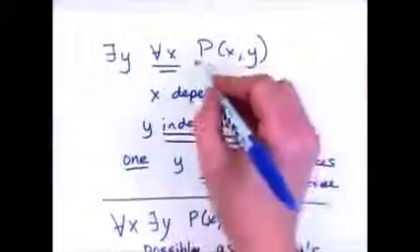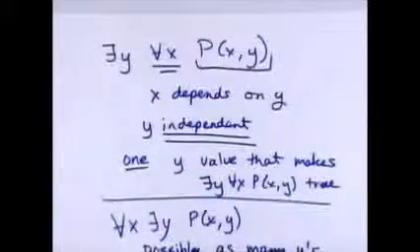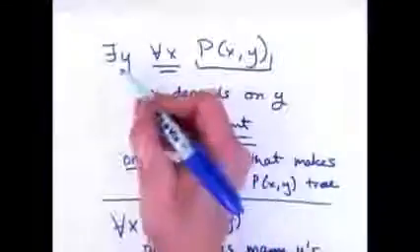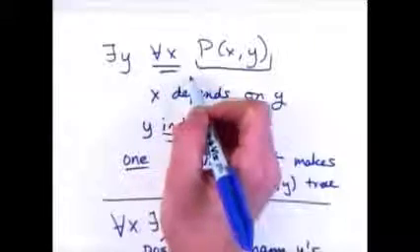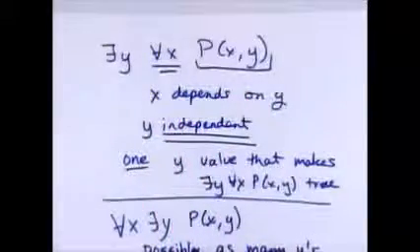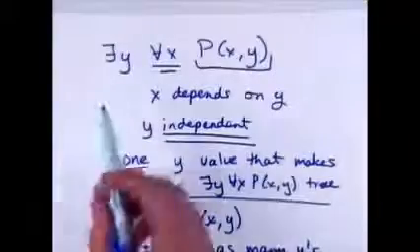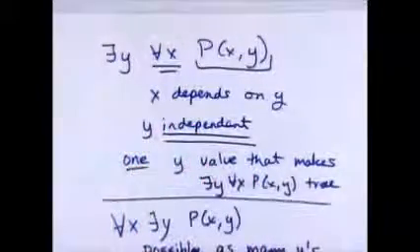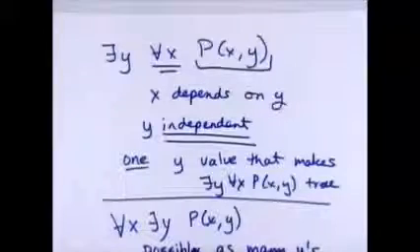I always have to read this as x likes y. I read this as I can find, and this is a for each. So basically, there is a person who everyone likes. That's a perfect English sentence for that.